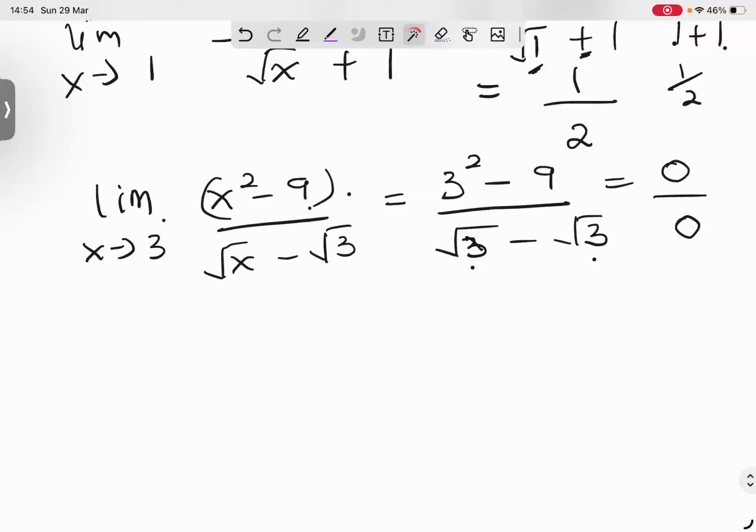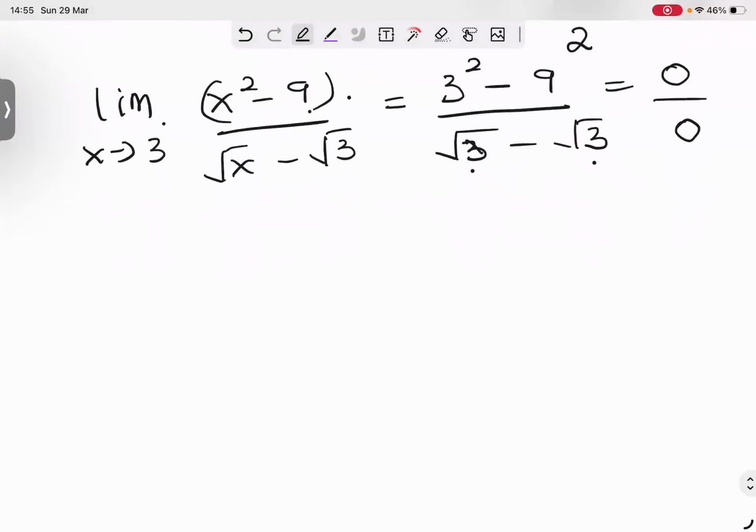Employ the appropriate technique. For polynomials, you perform factorization. For surds, you perform rationalization. So we go to the function. Let me rewrite it. I have the limit as x approaches 3. I have a surd, and in the numerator, I have a quadratic.